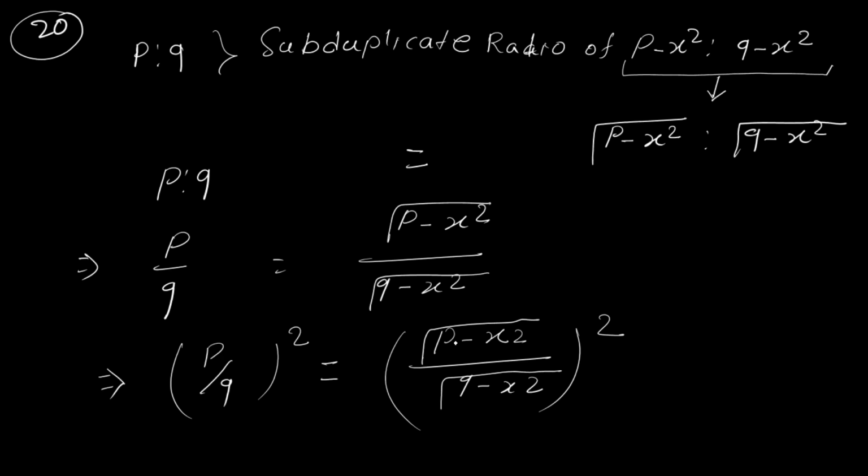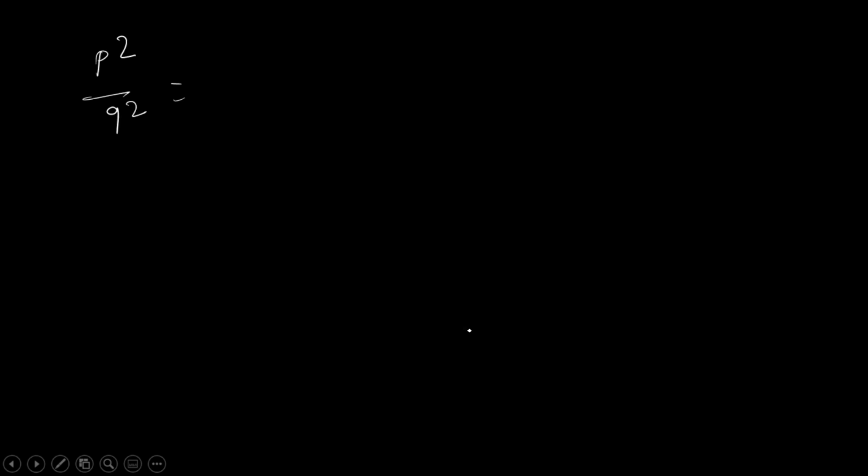So it becomes p minus x square divided by q minus x square. So basically what I have done is, to remove the under root, I have squared both sides, right? Right, sir.